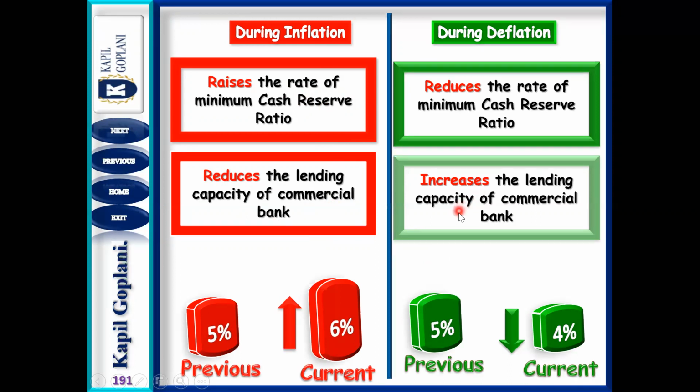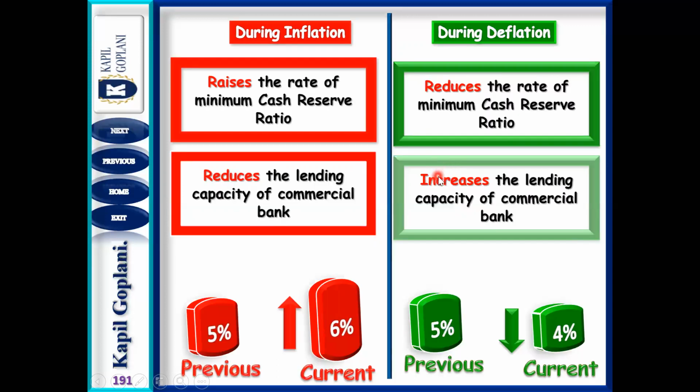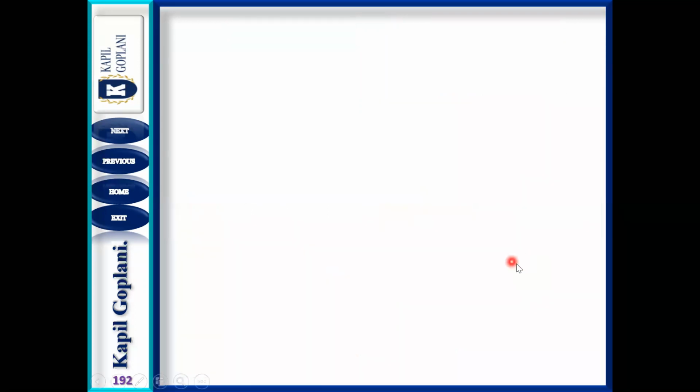Now coming to deflation, RBI reduces the rate of cash reserve ratio, in order to increase the lending capacity of commercial banks. Again, same fundamental: I for inflation, I for increase. So at inflation, CRR will be increased. D for deflation, D for decrease. So in deflation, CRR will be decreased. That is the main fundamental related with inflation and deflation.